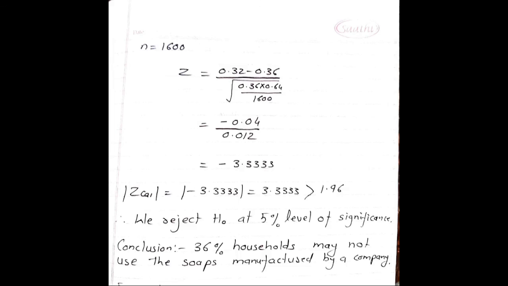So mod Z calculated is equal to mod minus 3.3333. The value is positive 3.3333, which is greater than 1.96. Therefore, we reject H naught at 5% level of significance. Conclusion can be written as 36% households may not use the soaps manufactured by the company.